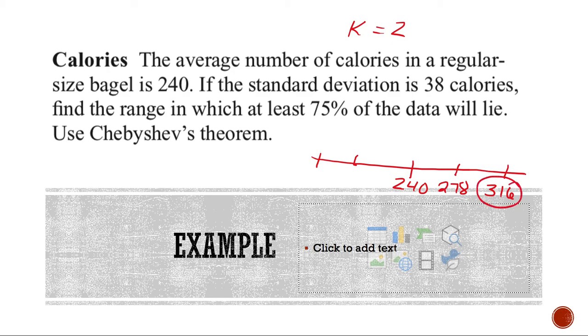So 240 minus 38 gives me 202. Minus 38 again gives me 164. It's asking for a range of values, so that range would go from 164 to 316. That's one direction that you can go with the Chebyshev's problem.